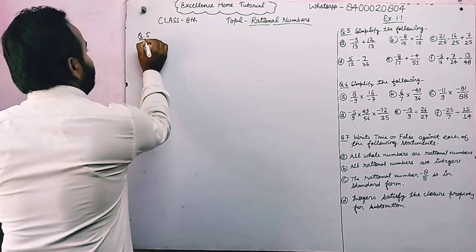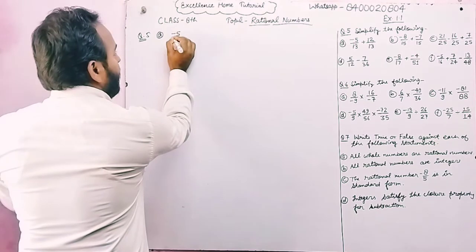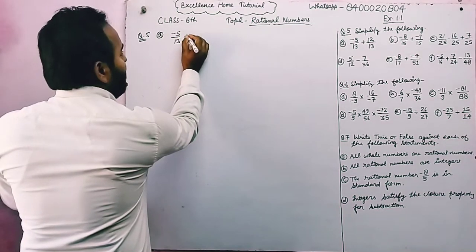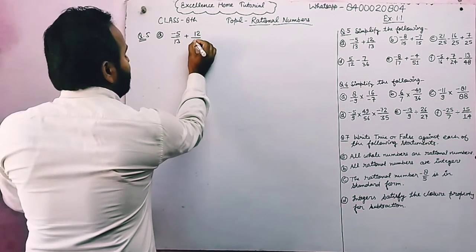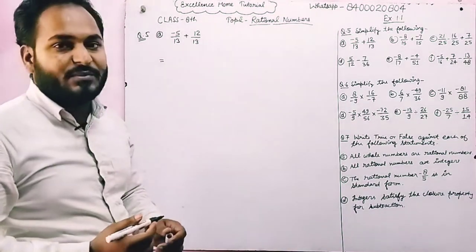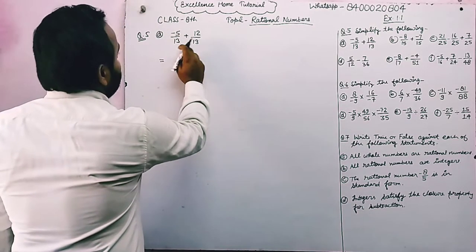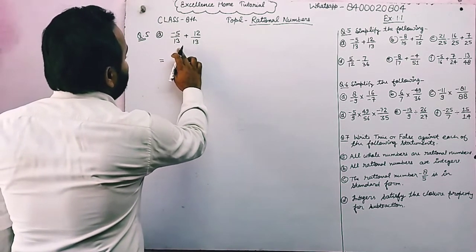So question number 5, part A, is minus 5 upon 13 plus 12 by 13. We have to add both rational numbers. We observe that both rational numbers have the same denominator, 13.